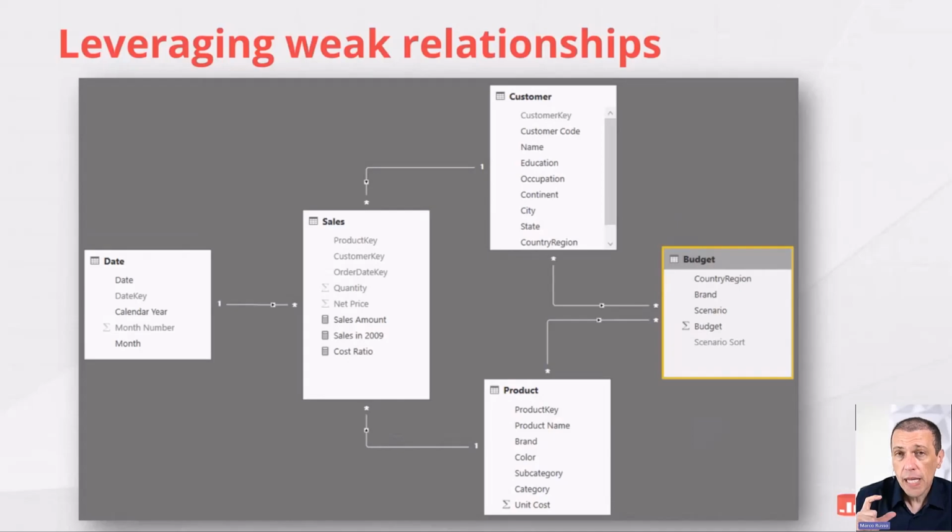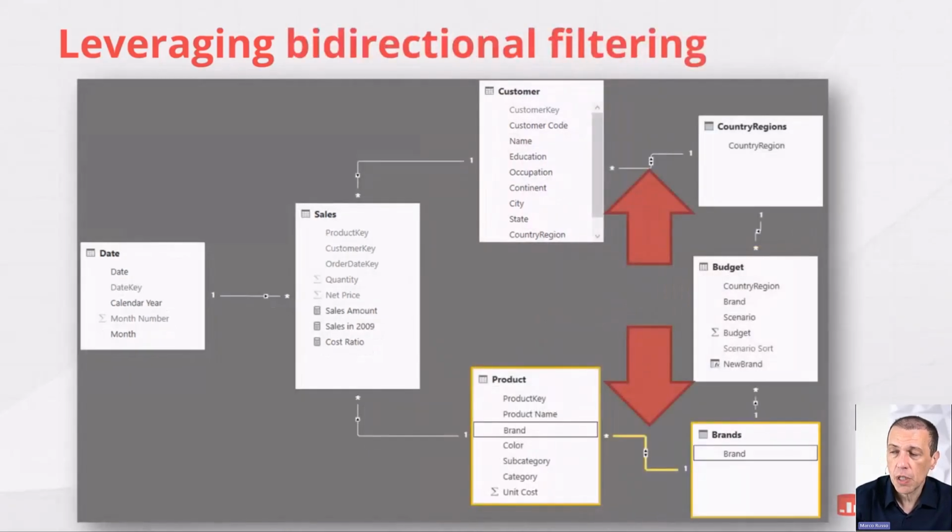Then we made another additional step. The entire artifact, two relationships and one bridge table obtained with a calculated table, could be obtained by using a many-to-many relationship in the model. But it is important that we keep the single direction filter in this case, because the bidirectional filter we used in the previous case is only to connect one table, the customer or the product, to the intermediate table, not to the final destination.